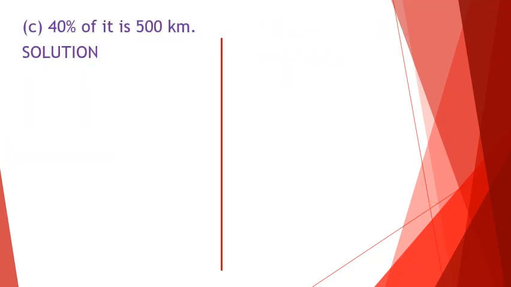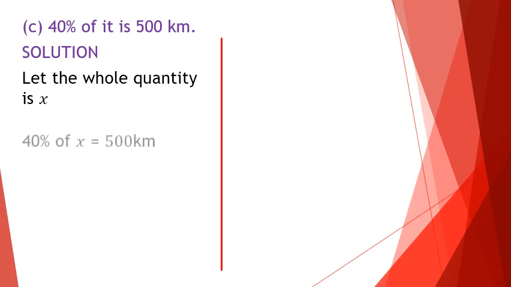Our fourth question, 40% of it is 500 kilometer. It means the whole quantity. So we can take the whole quantity as x. So our question will change into 40% of x is 500 kilometer.